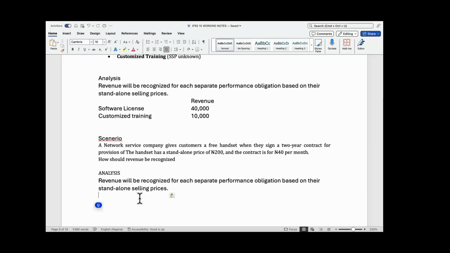Revenue will be recognized for each of the separate performance obligations separately based on their standalone selling price. So the assets and the network service.